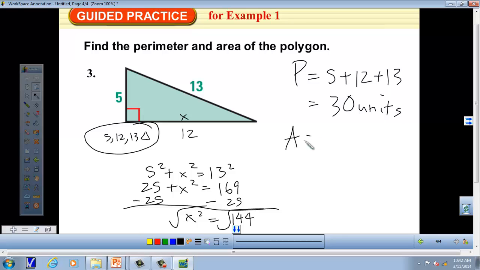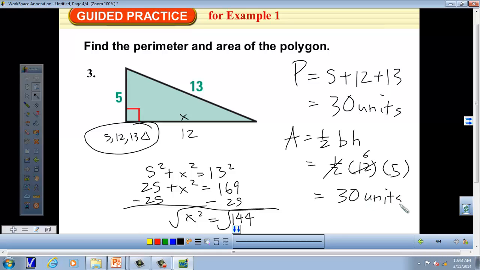And for the area, remember again, area of a triangle is 1/2 base times height. And the base and the height are perpendicular to each other, so the base is 12, the height is 5, half of 12 is 6, so we get, this time, 30 square units.